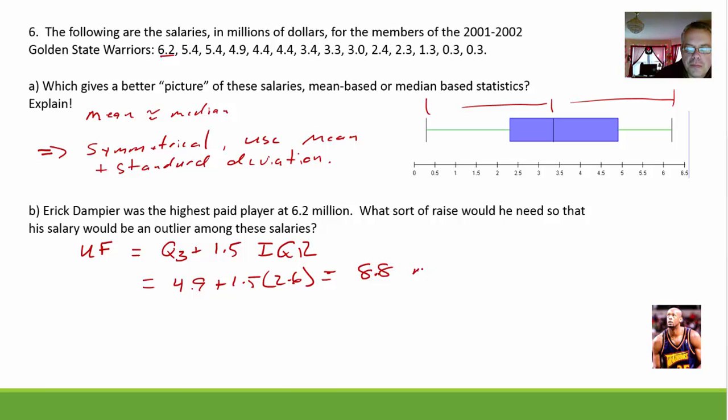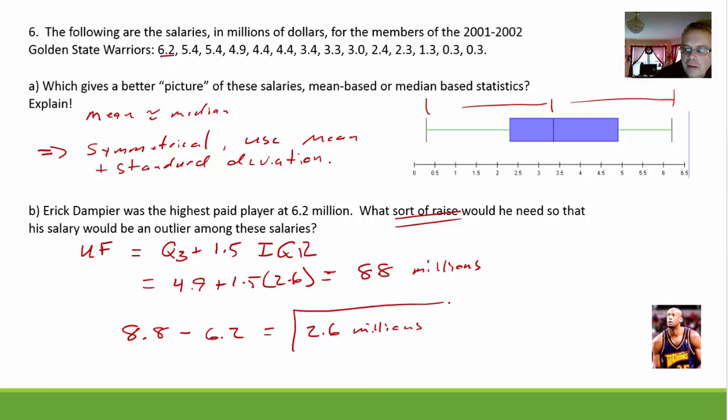And remember, our units are millions. If you gave me that as an answer, I accepted it, but it really said what sort of raise. To answer the question precisely, you got to tell me how much more he has to make. So 8.8 is what he needs. Subtract the 6.2, which he already makes. That leaves $2.6 million for a raise.